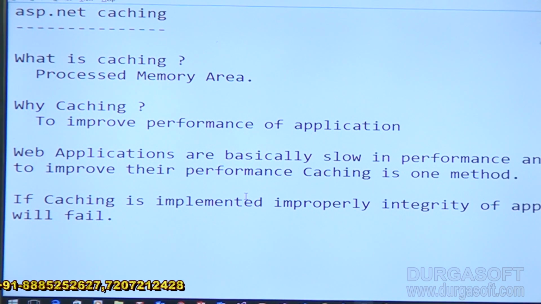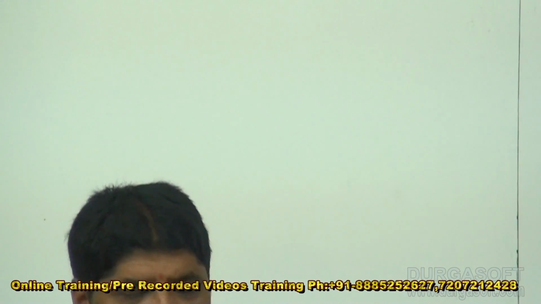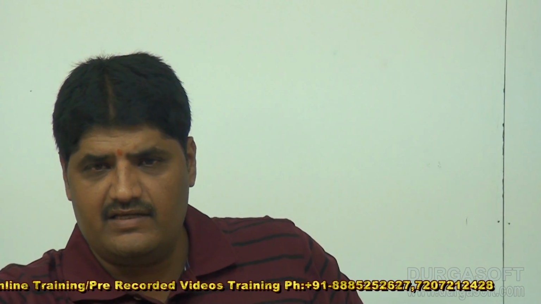For example, I have 10 records in my database. You all are users. If I cache the 10 records and show from caching to all of you, and I see that nobody modifies or adds a record, then do you agree it is good, real data only? Yes.